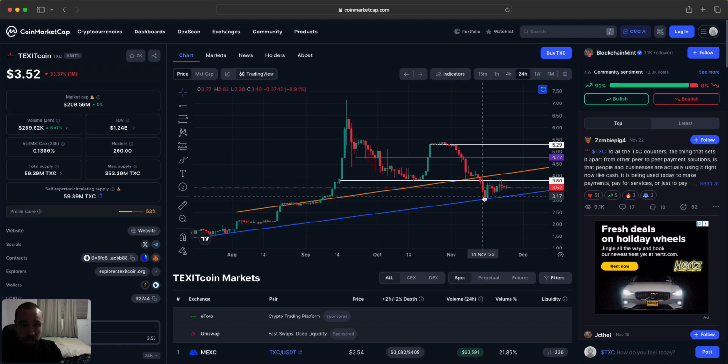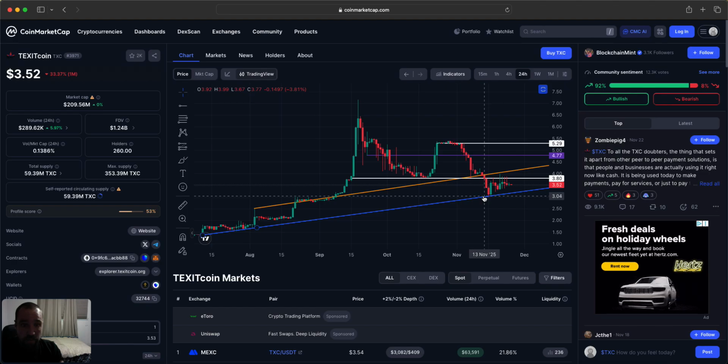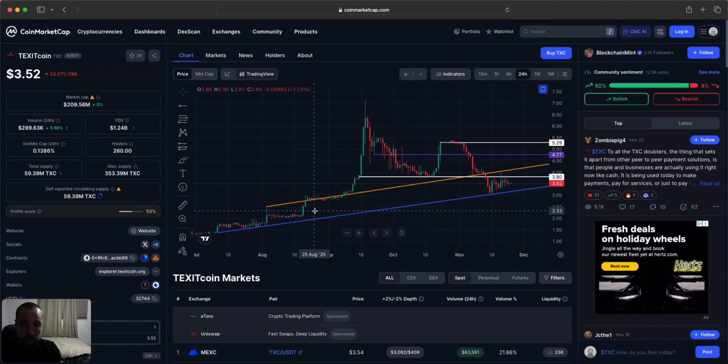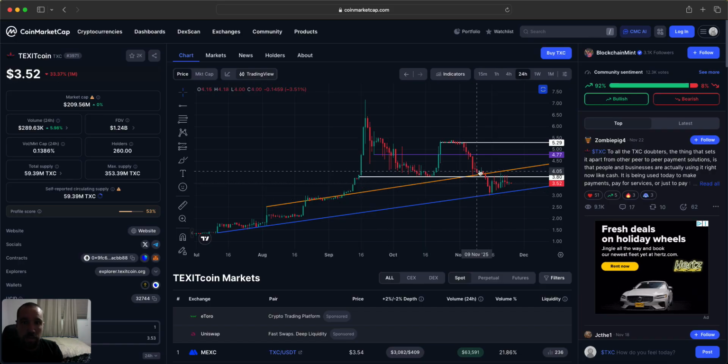The best way to do it is to draw the obvious one first, the longest, farthest one out, and then do another one and make sure that it's confirmed in multiple points. You see, this one went above and then it went below and then it went above and then it never came back. Well, it came back over here down the line.